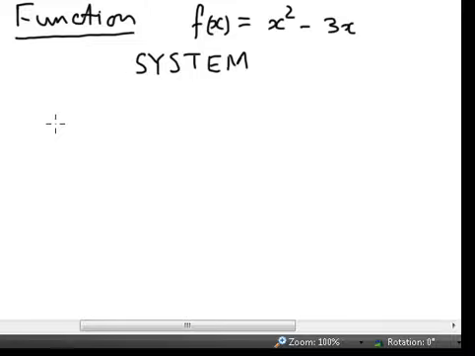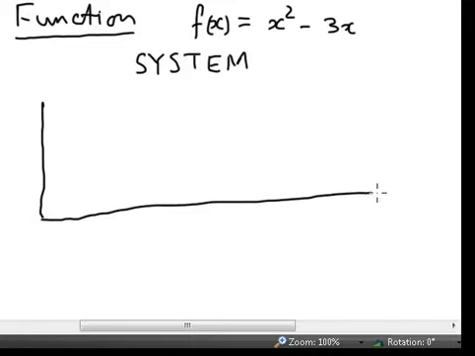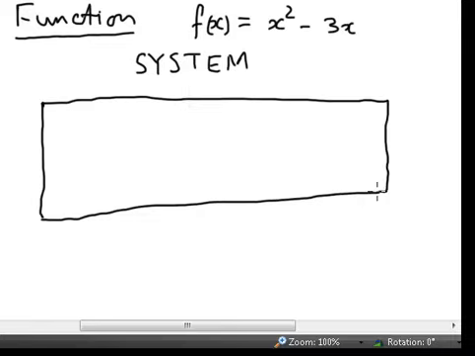So now let's talk about something which involves subsystems. Obviously, subsystems will be connected together to form a bigger system, isn't it? In terms of this, the input will come here, as x, and the output will come here, as y.